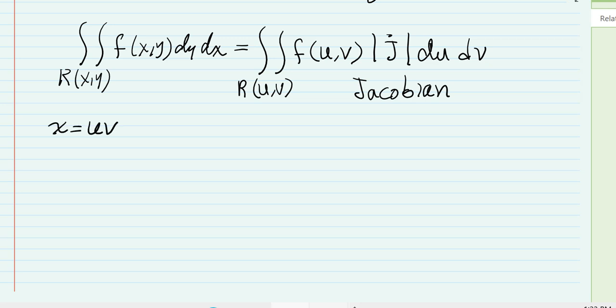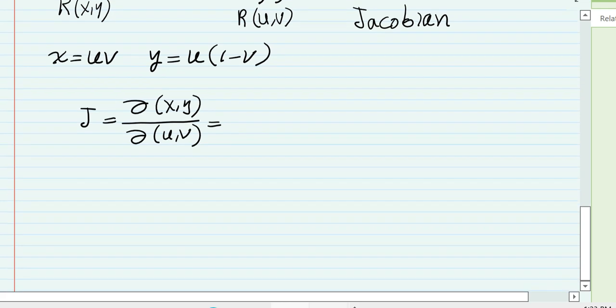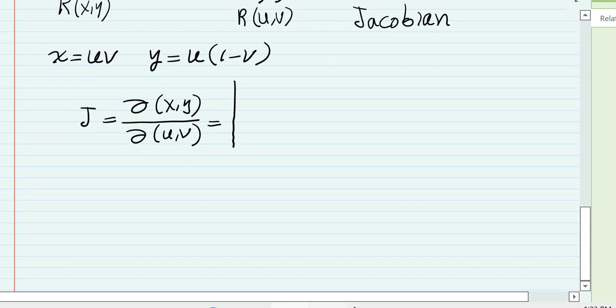Find out what the Jacobian is, and let me go ahead and rewrite what x and y were under this transformation. So how do we find the Jacobian? Well, the Jacobian of the transformation, if you recall, is given by ∂(x, y) over ∂(u, v). Specifically, this is the determinant.